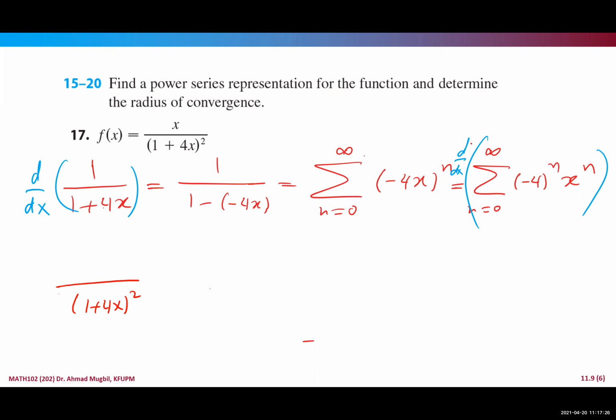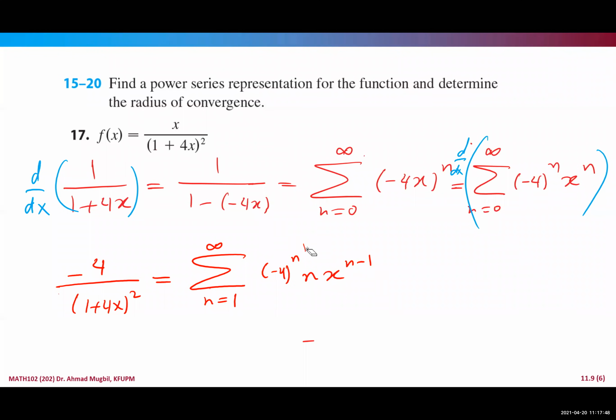Then the denominator multiplied by 0, it is negative 1 multiplied by the derivative of the denominator, which is negative 4. So we have negative 4 equals sigma. When we differentiate, we will lose the first term, so we will start from 1. Negative 4 to the power n is a constant. What is the derivative of x to the power n? It is n x to the power n minus 1.